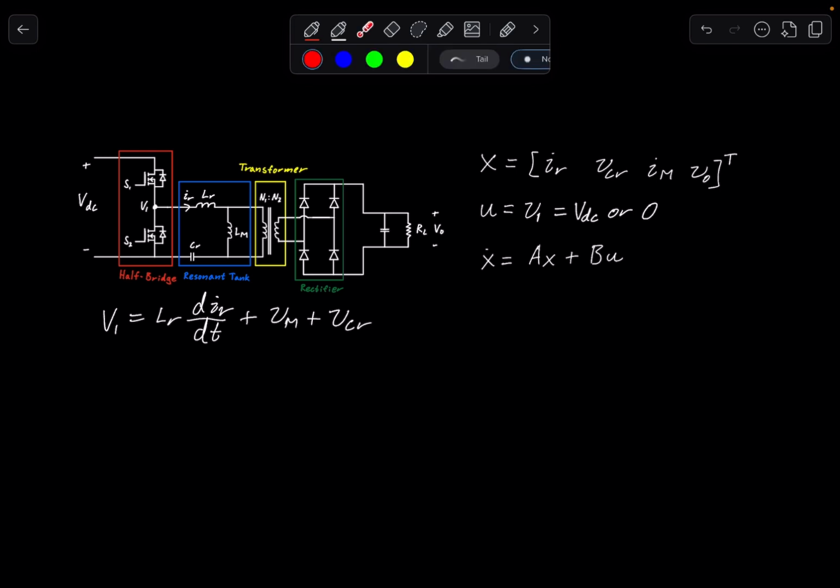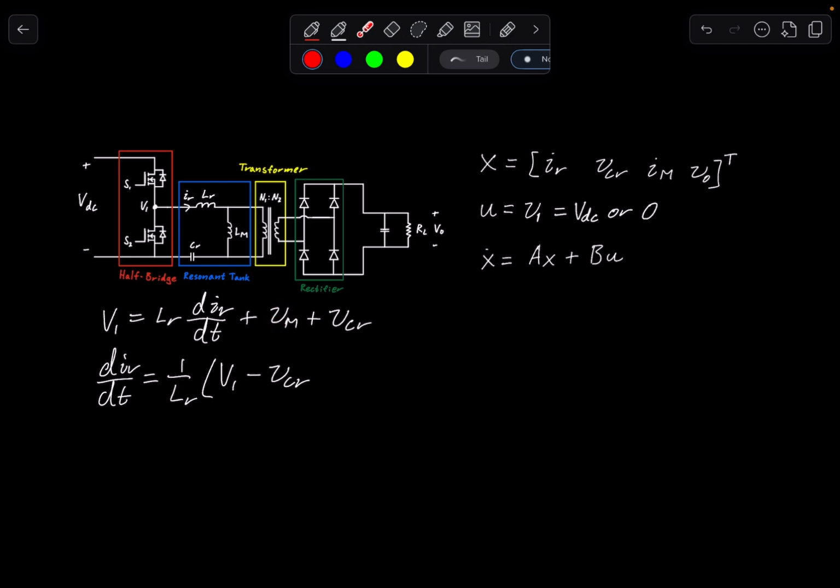Now we can solve for the derivative of IR, and we get 1 over LR multiplied by V1 minus VCR, and I leave Vm to the end, because it is a little bit more complicated.